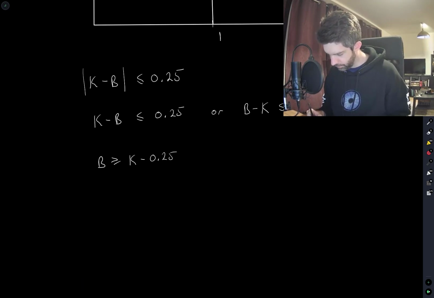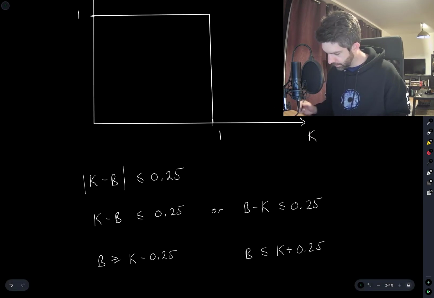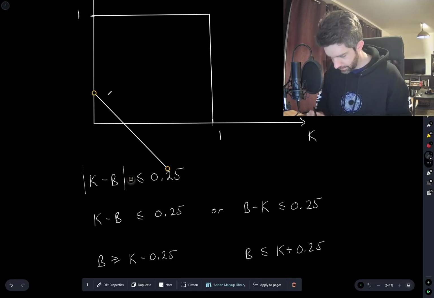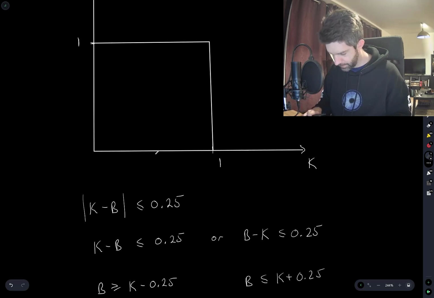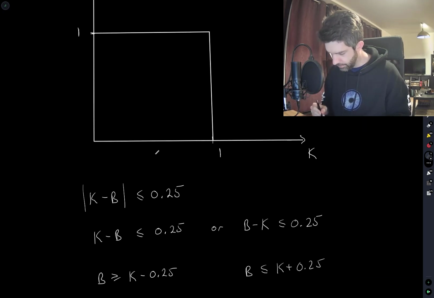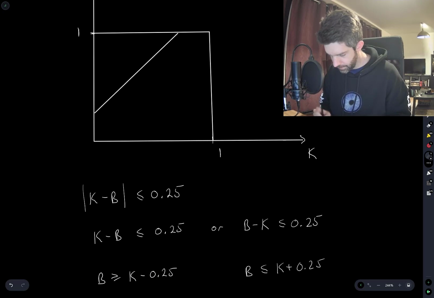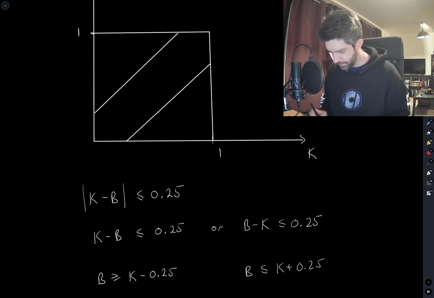And this one is B less than or equal to K plus 0.25. Both of these lines have slope of 1. And they both intersect the axes at the 0.25 mark.